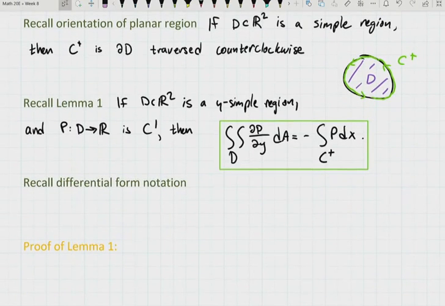And just to remind you, because we're going to be using it, what that differential form notation means, the dx's.